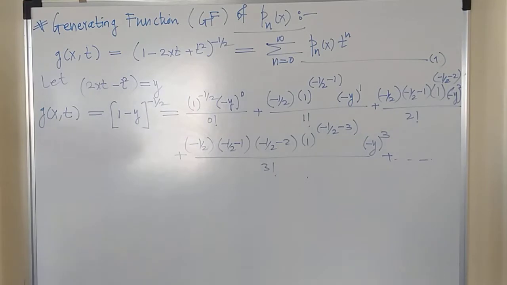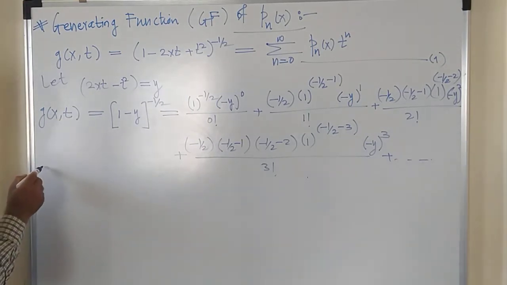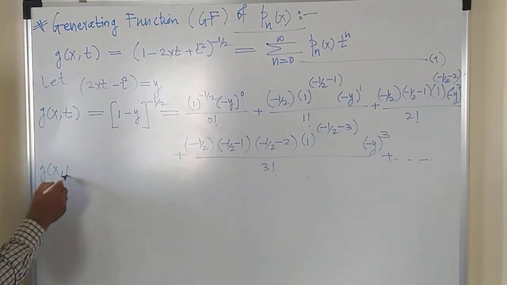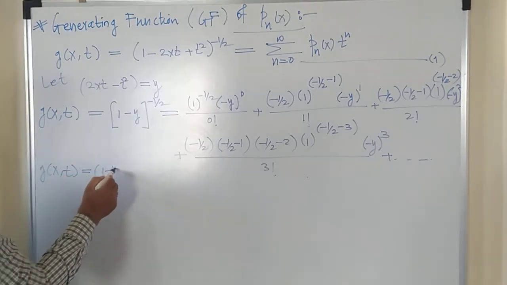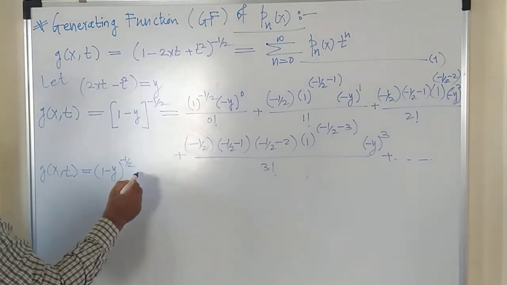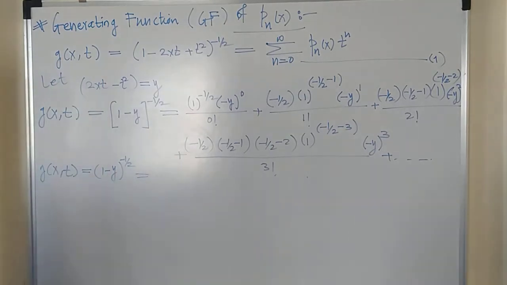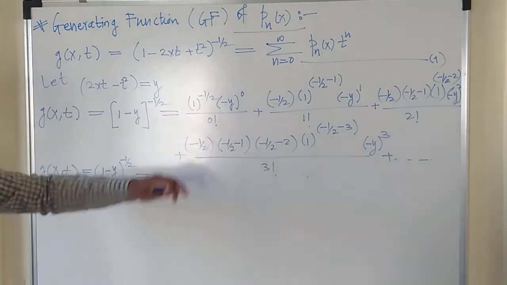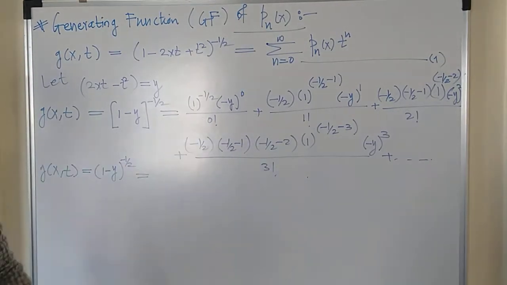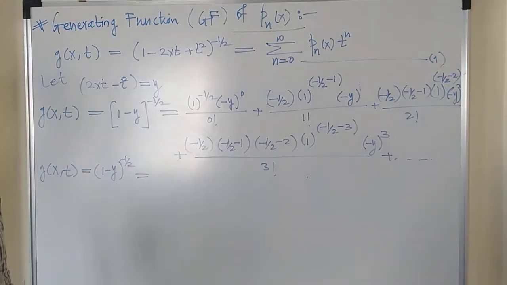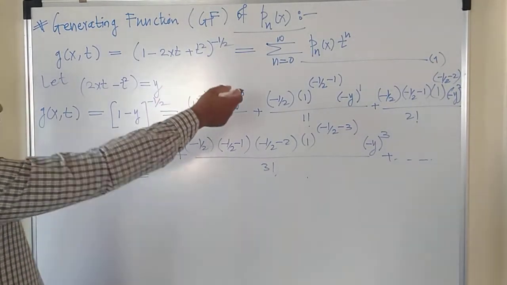Now simplify this. Once you simplify this, you will get your generating function for Legendre polynomial g of x,t is equal to (1 minus y) raised to power minus half, and this is equal to 1 raised to power minus half, which can be written in the denominator as 1 raised to power half. 1 raised to power half is almost considered as 1 raised to power 0, that means 1 only, and minus y raised to power 0, that means 1.